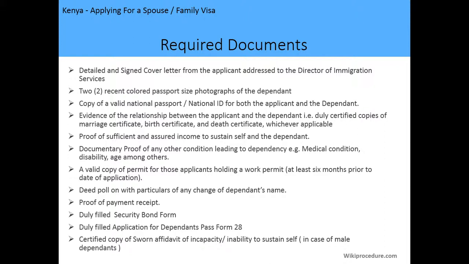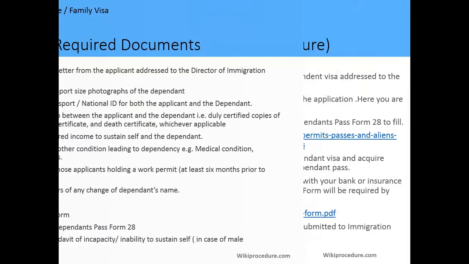Deed poll showing the particulars of any name change of the dependent, proof of payment receipt. You need also the duly filled bond form for which you've already made the payment, and application for dependent pass, form number 28. You also need a certified copy of sworn affidavit of incapacity or inability to sustain self in case of male dependents above the age of 18 years.